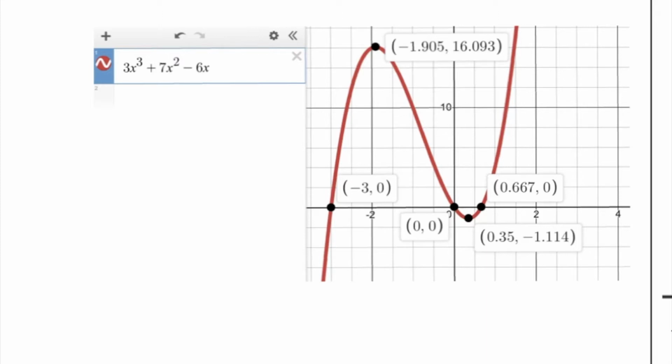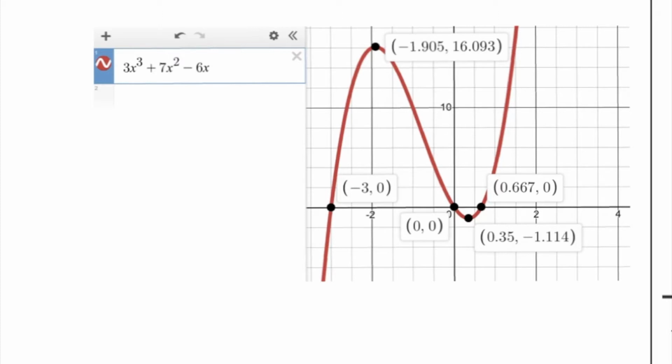We did a little bit of that in the other lesson, solving rational function equations by graphing both sides of the equation and then looking where the intersection happens. So here I clicked on all of the x-intercepts, y-intercepts, and maxes and mins so that I can get an idea of where I'm going to put points on this graph.